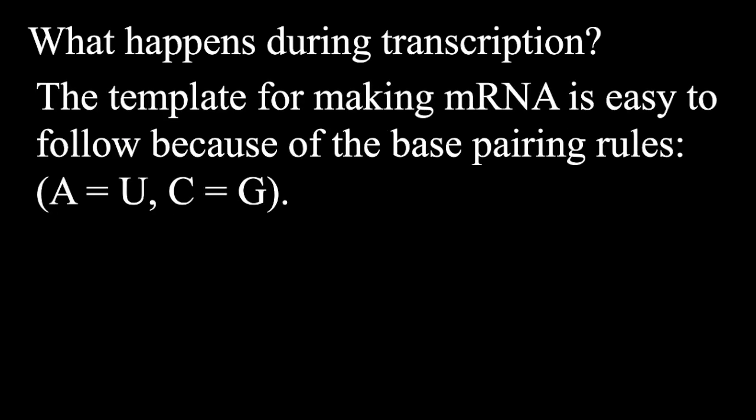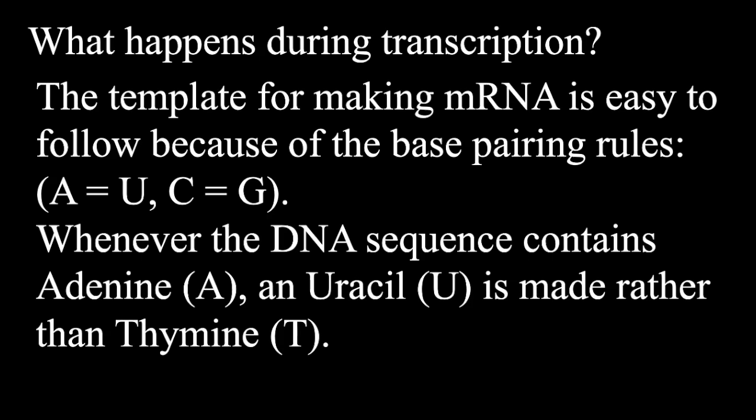The template for making mRNA is easy to follow because of base pairing rules, and this was set off by Chargaff in 1950. A base pairs with U, C base pairs with G. Whenever the DNA sequence contains adenine, uracil is made rather than thymine.